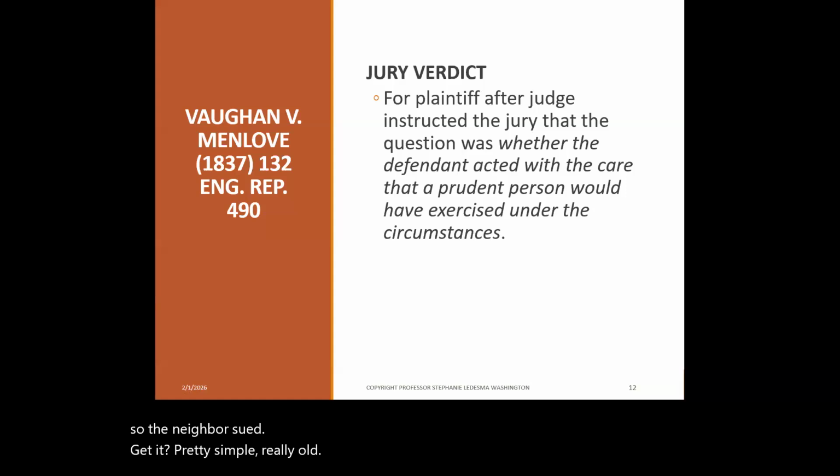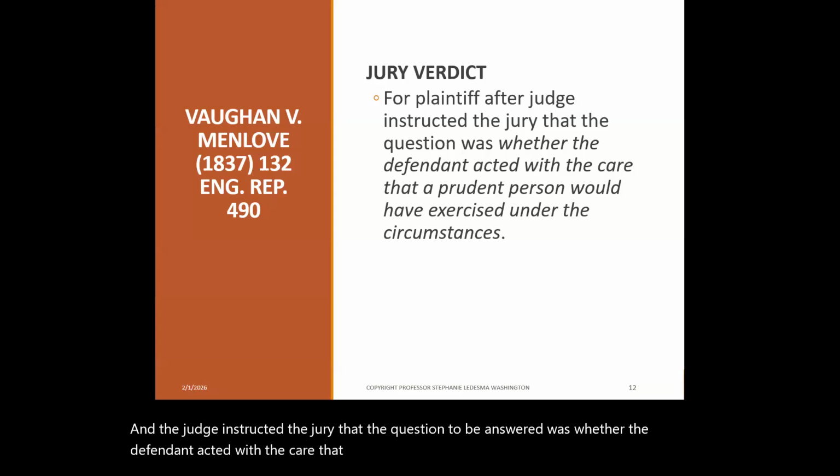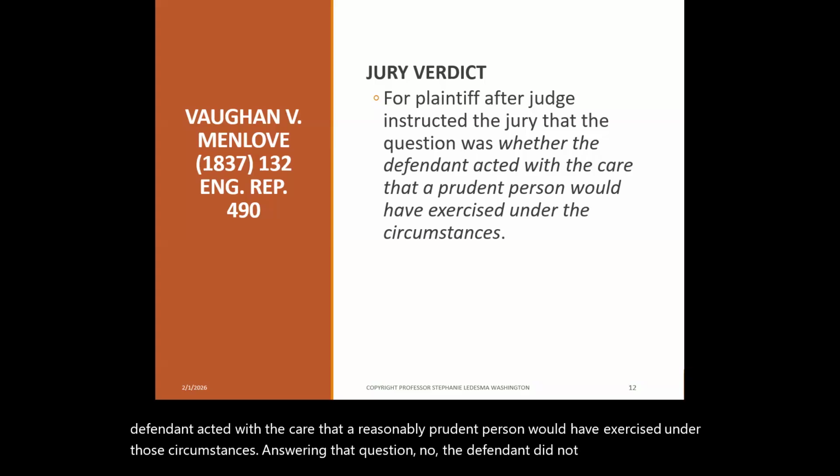Well, we have a jury, and the judge instructed the jury that the question to be answered was whether the defendant acted with the care that a reasonably prudent person would have exercised under those circumstances. Answering that question, no, the defendant did not act as a reasonably prudent person would have been expected to act.